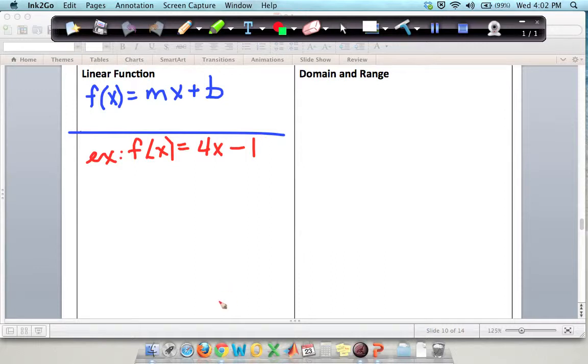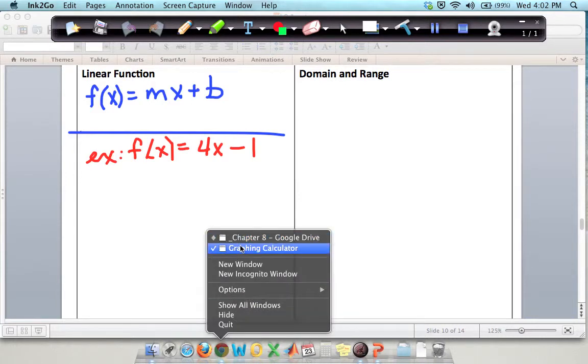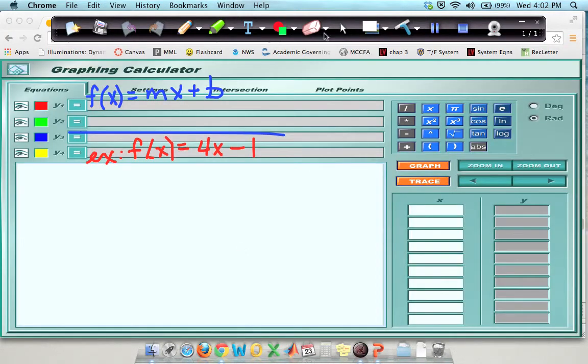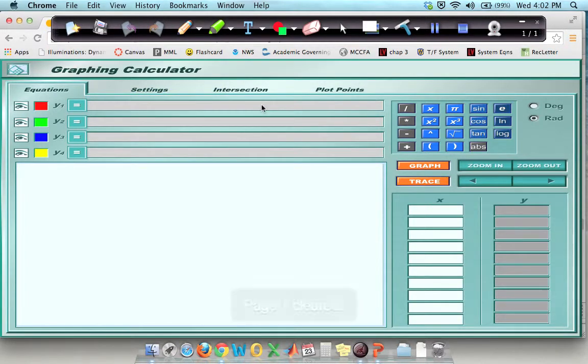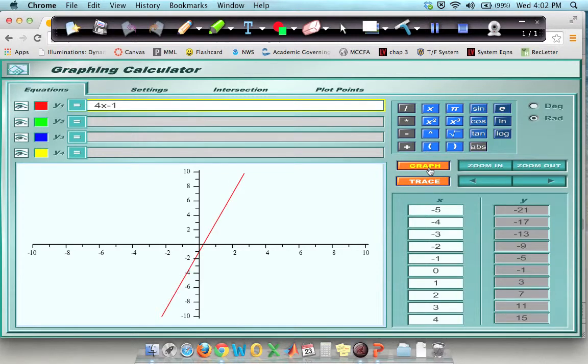Okay, so I'm going to go ahead and graph this on this calculator I have. Clear the screen. And if I do 4x minus 1 and hit graph, you can see we have a straight line.